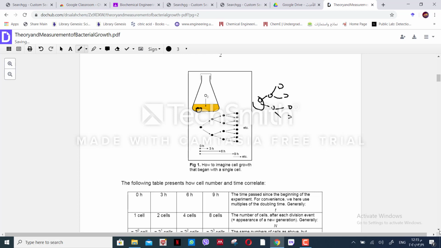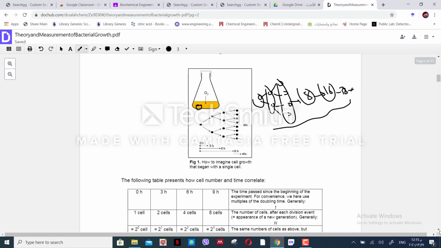So from 1 it goes to 2, then to 4, then to 8, then to 16, then to 32, and so on. So we have to call this the duplication time. The following table presents how cell number and time are correlated.